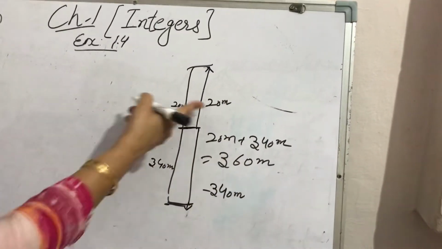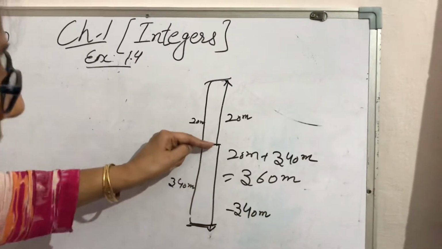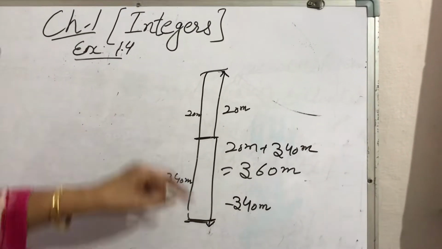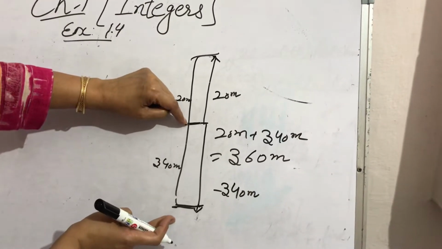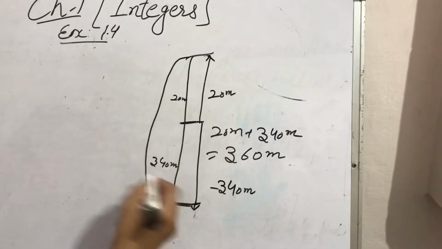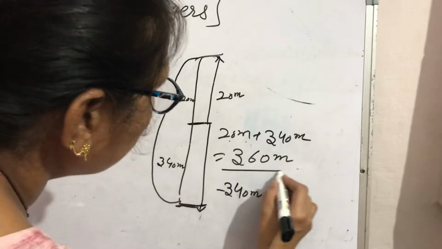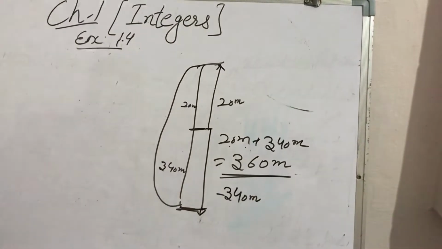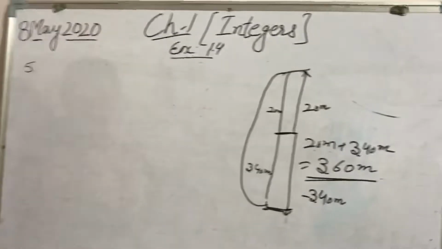Now we will not subtract it because this negative sign denotes below the earth. While finding the total distance, we take 20 meter this and 340 meter this. It means that the total distance covered is 360 meter. So now start the question.